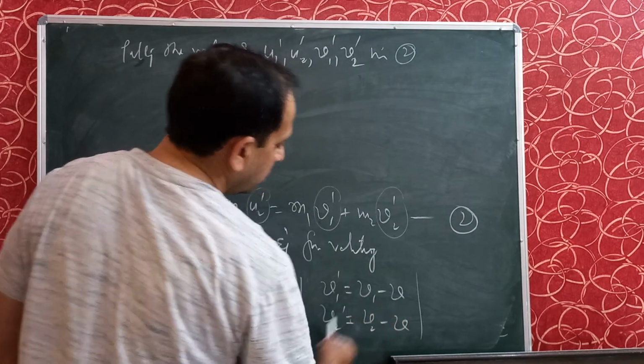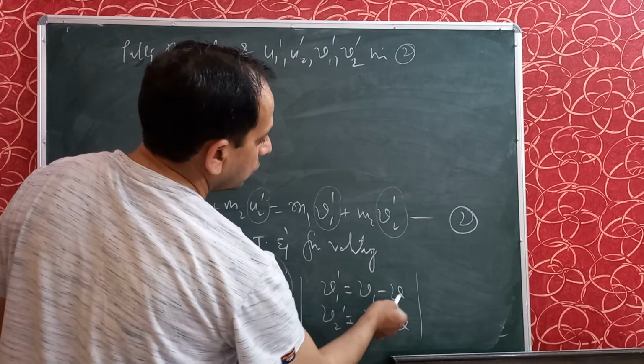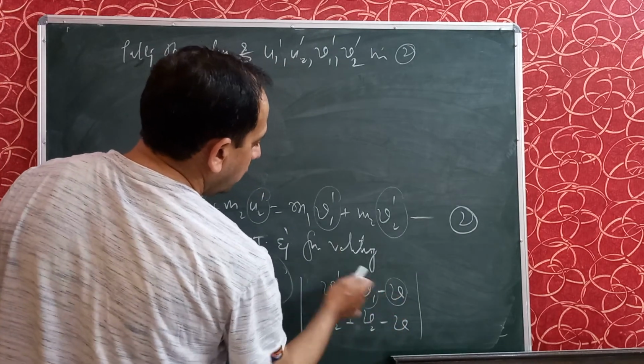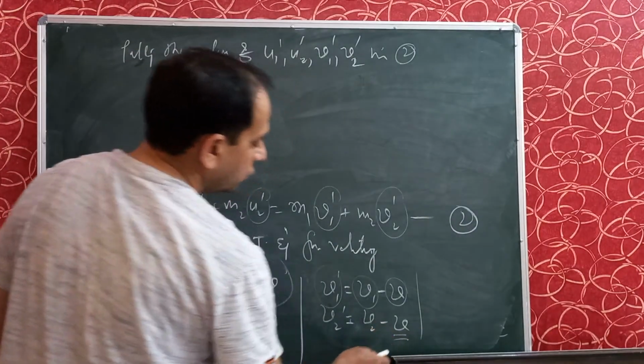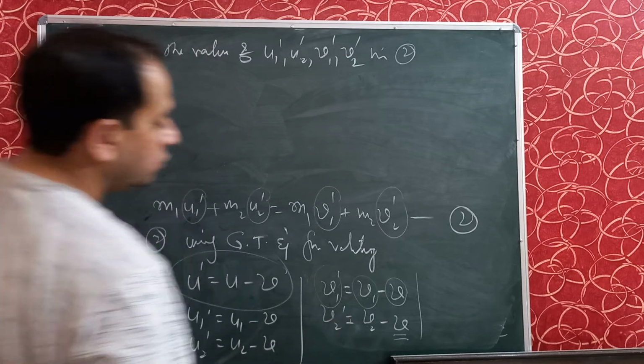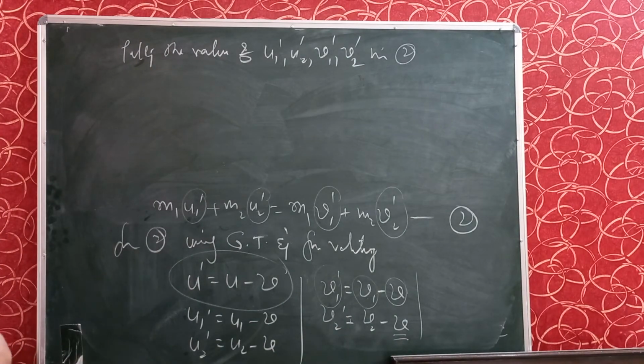So there is a little difference between v and v1. V is the velocity of the frame, but v1 and v1 dash are velocities of particles. Similarly, v2 and v2 dash are velocities of particles.